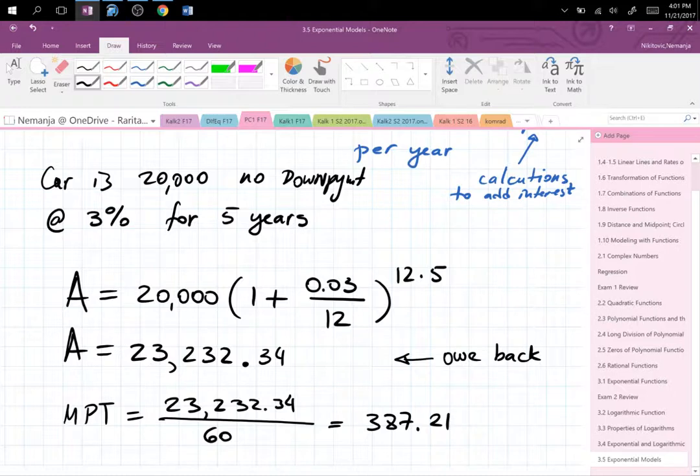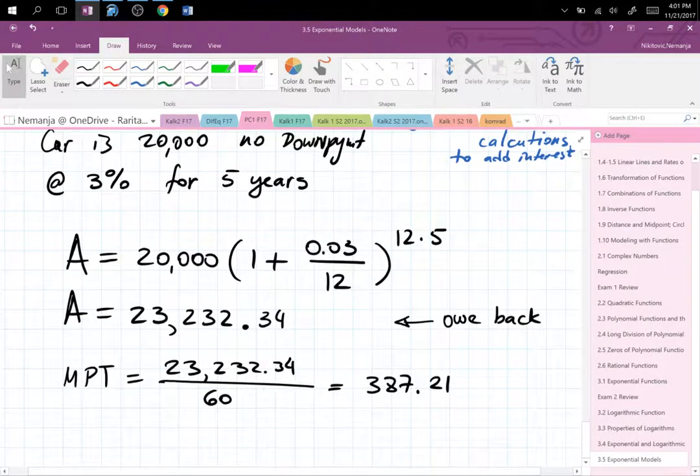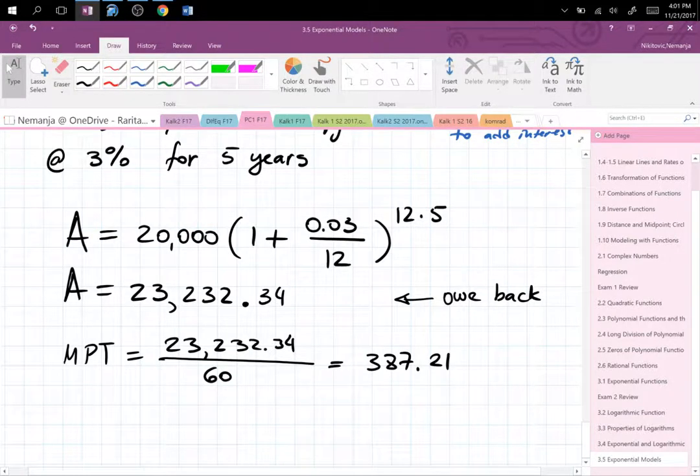So now, let's say you went to the dealership and the dealer says, well, it's $387.21 a month. You say, there's no way I can pay that. I don't want a car.